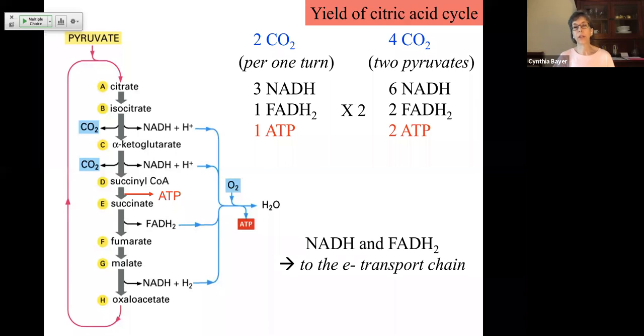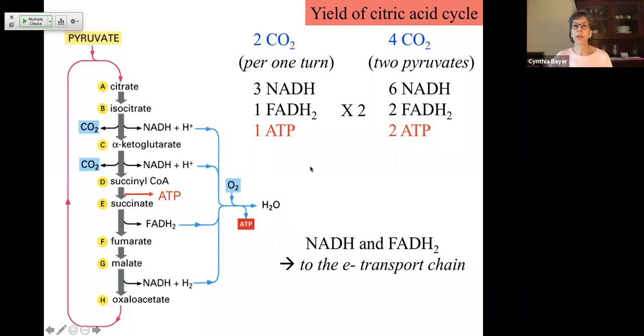Yes, negative free energy. And can we think of why the overall change in free energy is negative? Why is overall high energy molecules being converted to low energy molecules? Going downhill, energetically favored, overall process.